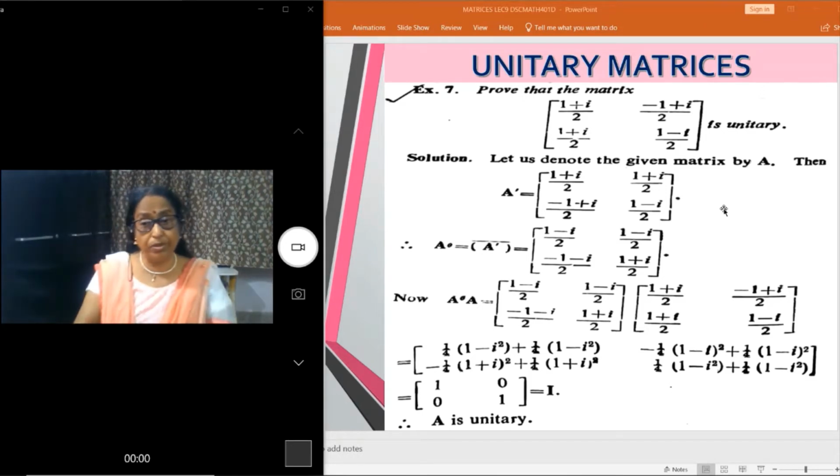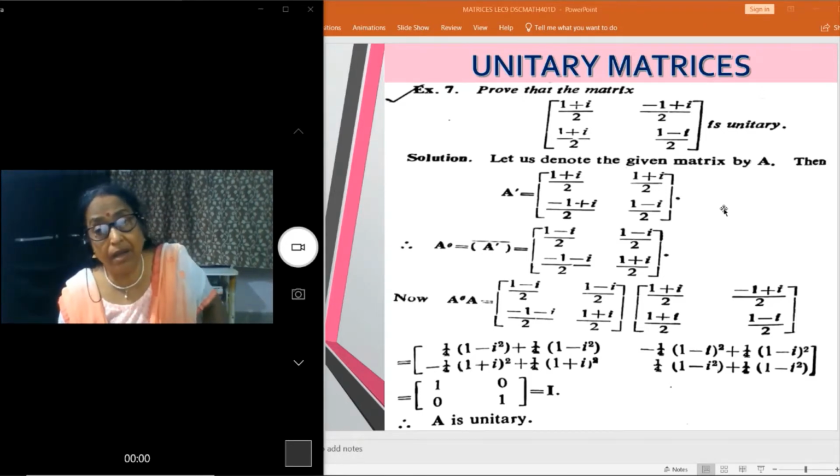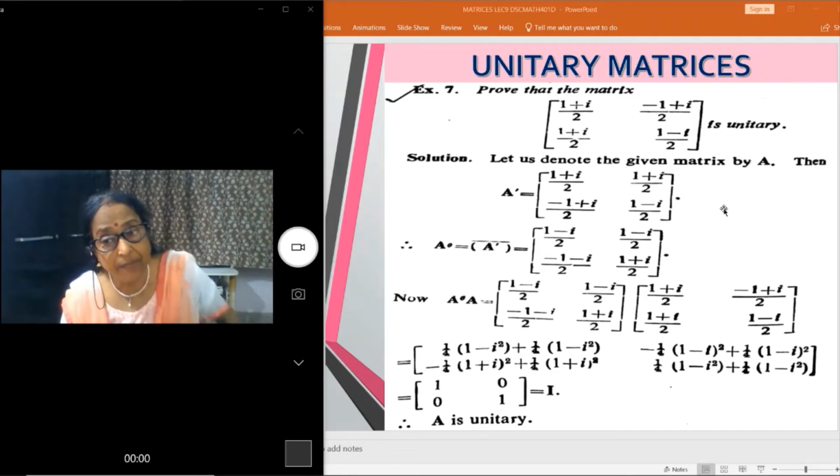Bar means conjugate. Bar means if it is in the form a plus ib, then after taking the bar, the real part will remain the same, but the imaginary part changes sign. If the imaginary part sign is plus, then after taking the bar, we get the negative in the imaginary part, and so on. So A dash bar.